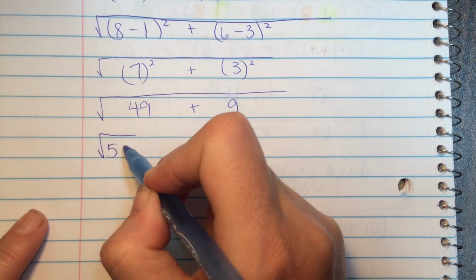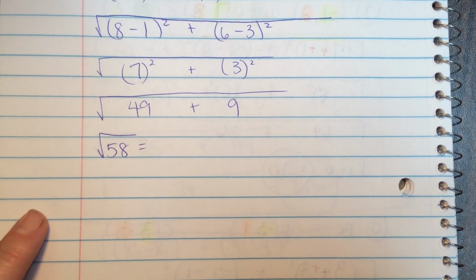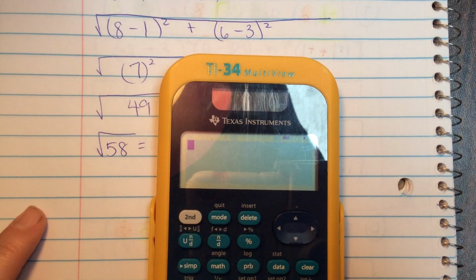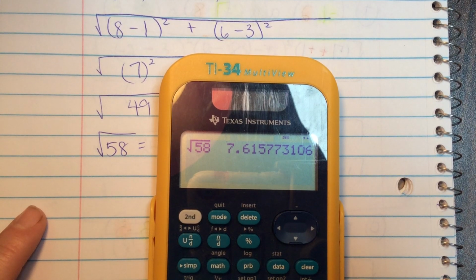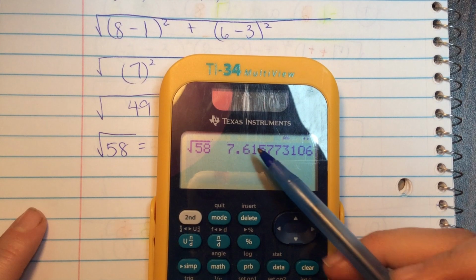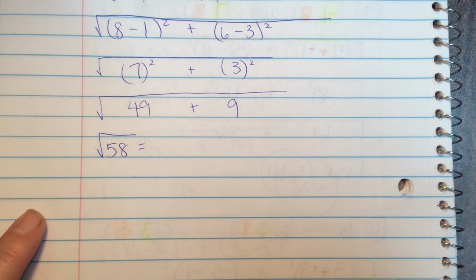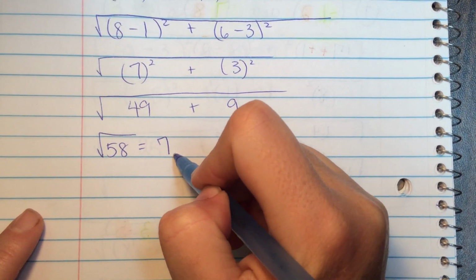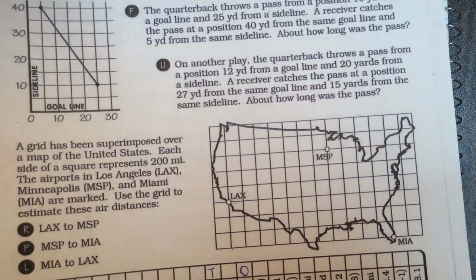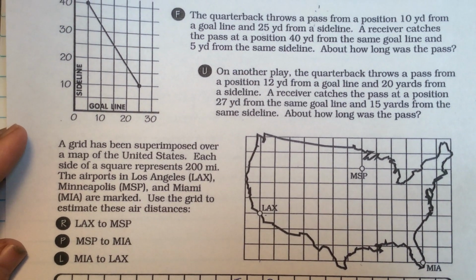So I have the square root of 58, which I don't know because it is not a perfect square, and it's going to be a decimal. So the square root of 58, enter. And it's going to be 7.6 because that 1 is not going to bump that 6 up.